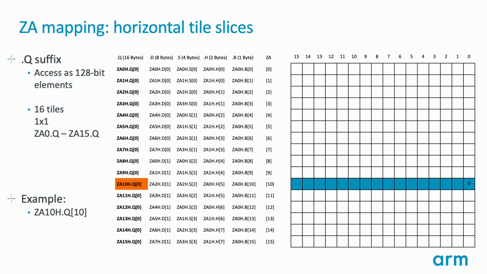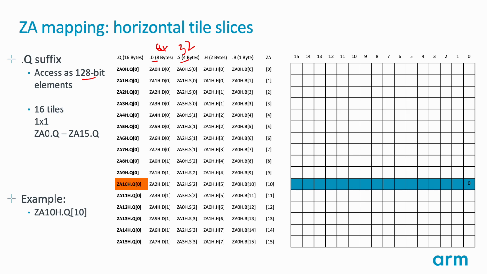This is for quad, 128-bit access. This is for 64-bit. This is for 32-bit. Similarly, this is for 128-bit access. Okay, that's about the horizontal tile slices mapping.